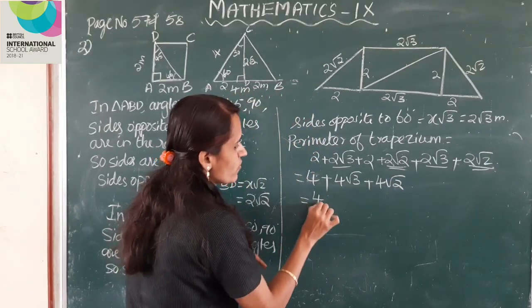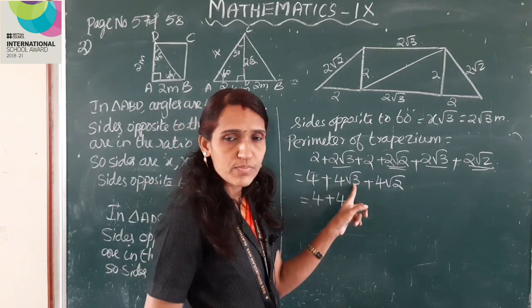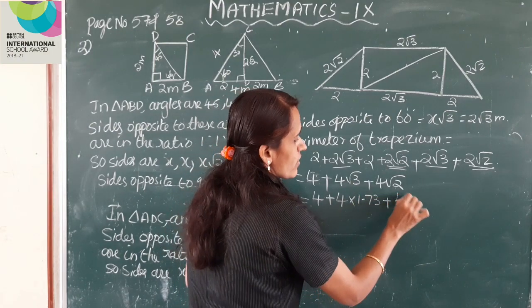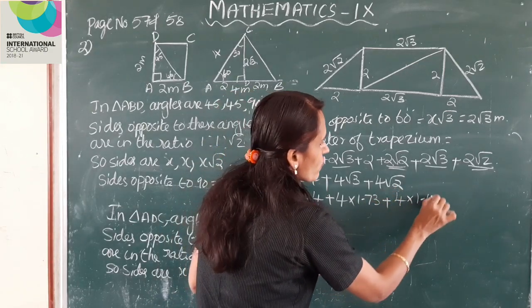Okay, this is equal to 4 plus 4 into the approximate value of √3, which is 1.73, plus 4 into approximate value of √2, which is 1.41.